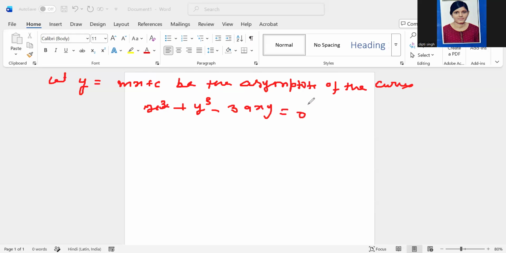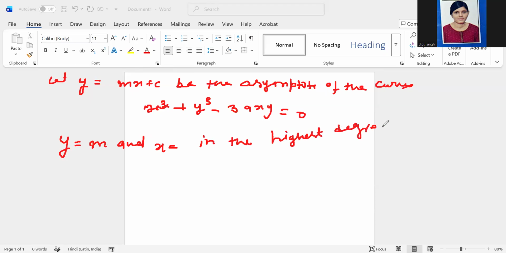So how to calculate the values of m and c? To calculate the value of m, we put y equal to m and x equal to 1 in the highest degree terms of the curve.